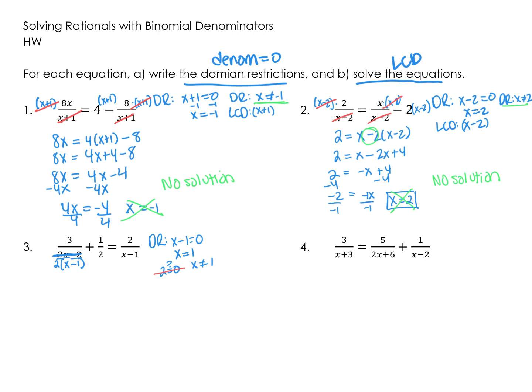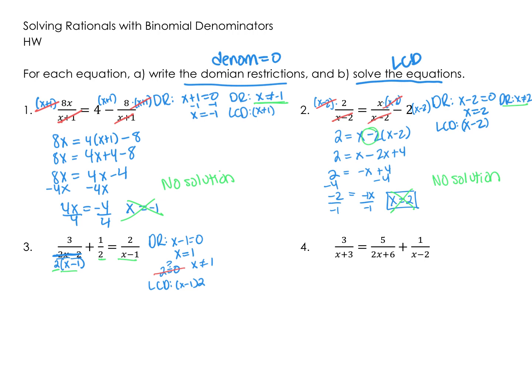Now to find our LCD, we will take what the denominators have in common. So these two have an x minus 1 in common. And these two have a 2 in common. So our LCD is x minus 1 times 2.